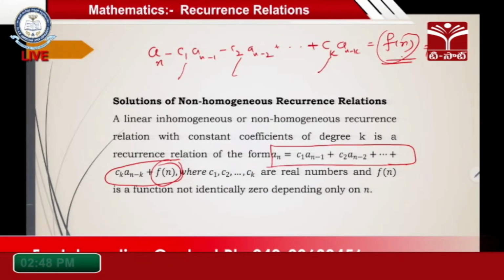This f of n not equal to 0, it is named as non-homogeneous and constant coefficient linear recurrence relation. Now, how to solve non-homogeneous recurrence relations?